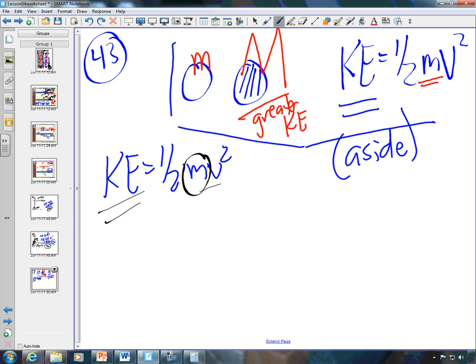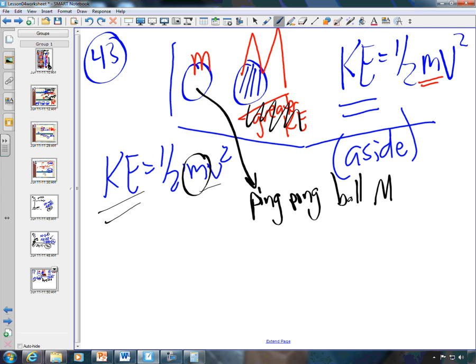So in this case, the ping pong ball must have a greater speed. Again, because if it has such a low mass, if they're really going to have the same kinetic energy, it has to make up for it with a higher speed.